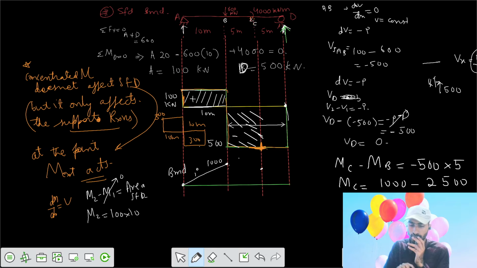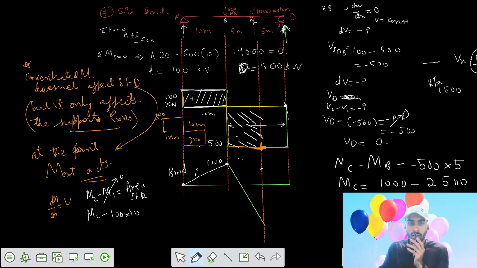Minus 1500, yeah. Once you got the bending moment value of minus 1500, we can say that if this is your 1000, then you have that line, say this one is your minus 1500.